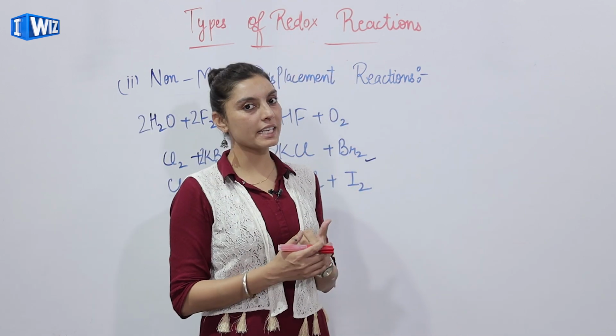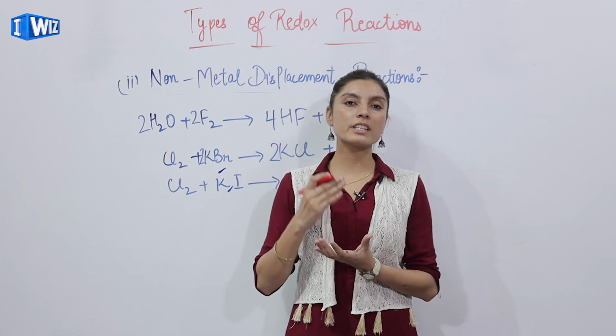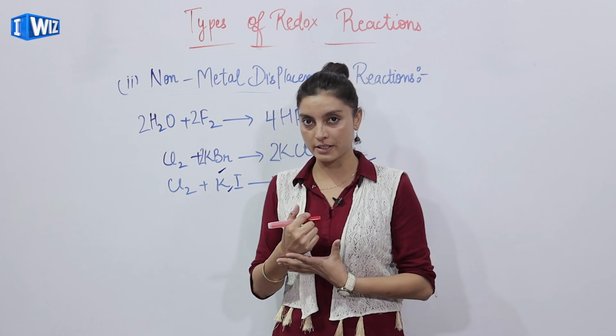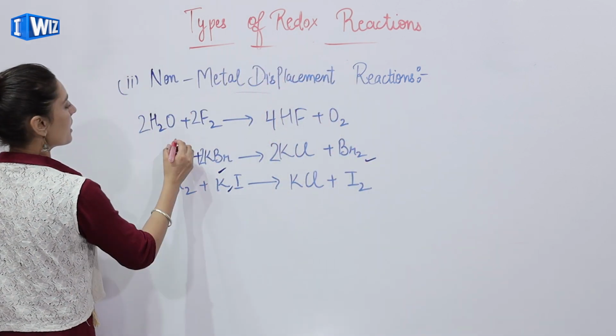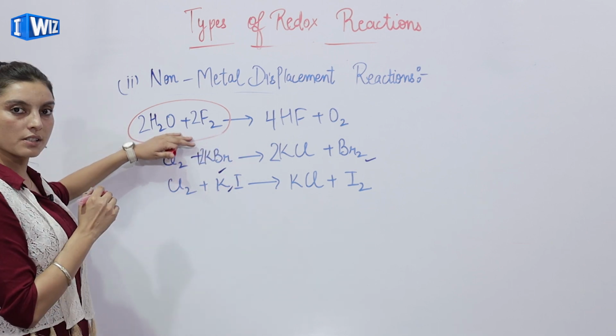Moving ahead with the category that I told you, where the oxygen is being displaced. Though these reactions rarely occur, there are a few reactions that are very important to discuss. The very first one is the reaction in which fluorine is displacing the oxygen.